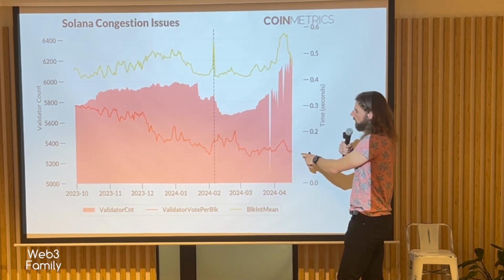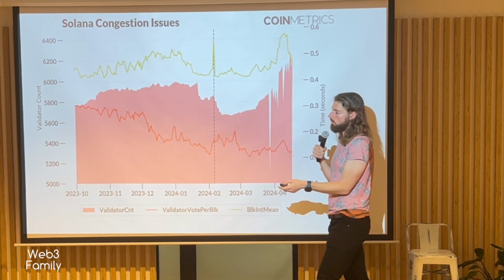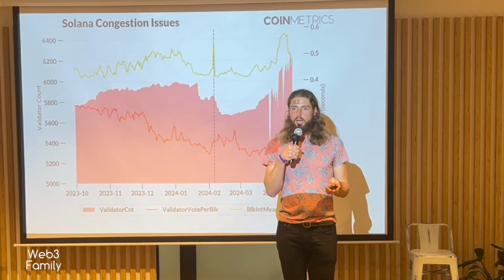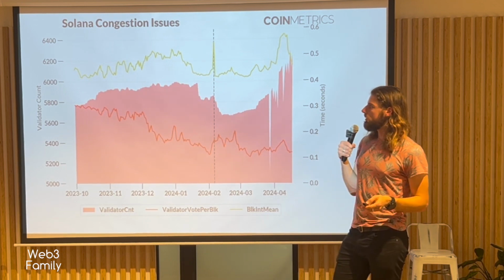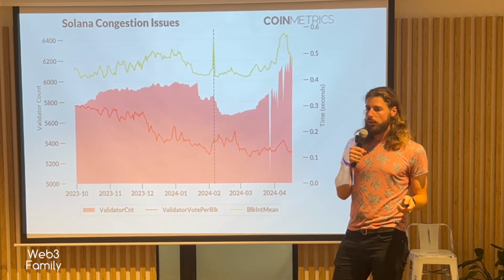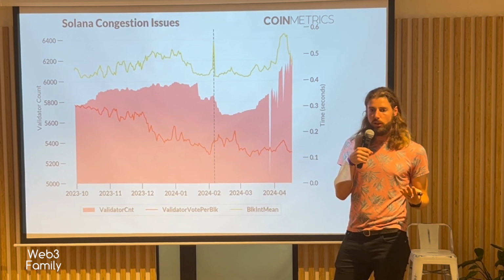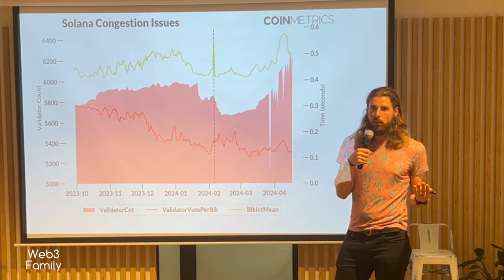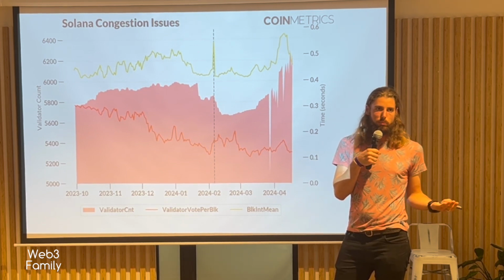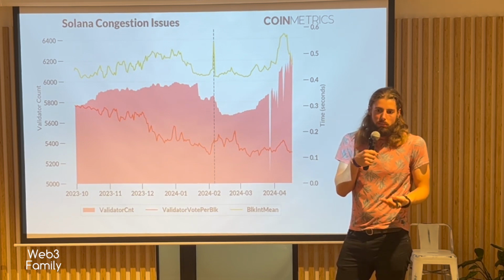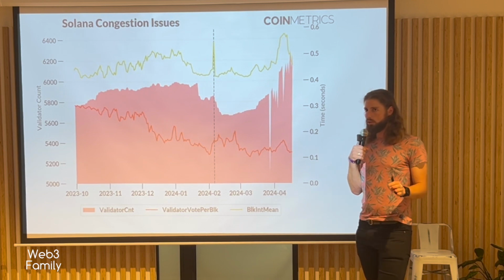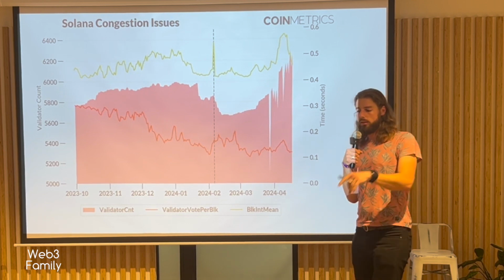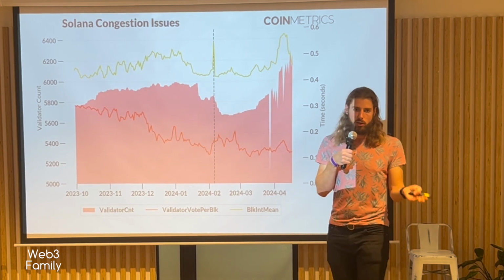This results in more congestion because, well, not more congestion, but risks to finality. So it's like democracy only getting together once every 4 years to discuss what you want to do, rather than continually talking about how to improve and how to change the government, right? It would be very inefficient to put everything on pause for 4 years and then at the end of those 4 years get together and try to solve everything.